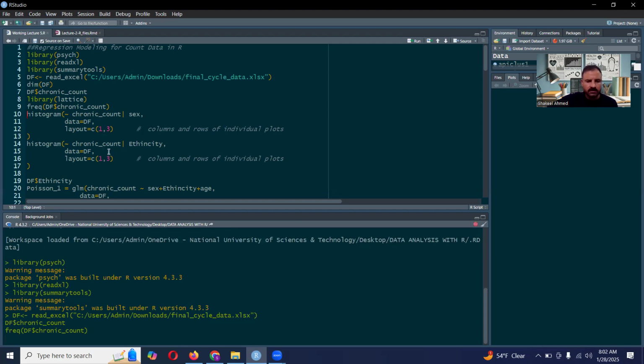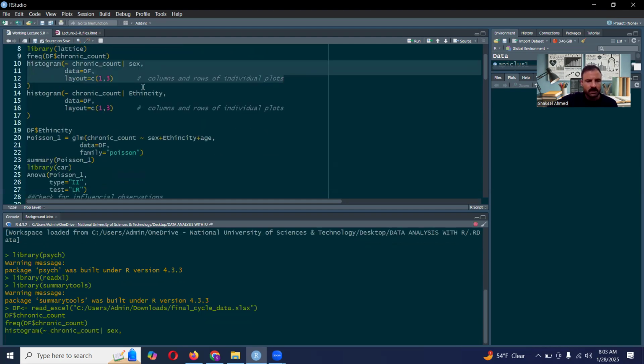You can just see the frequency of the counts, and you can see the histogram as well. That is by sex.